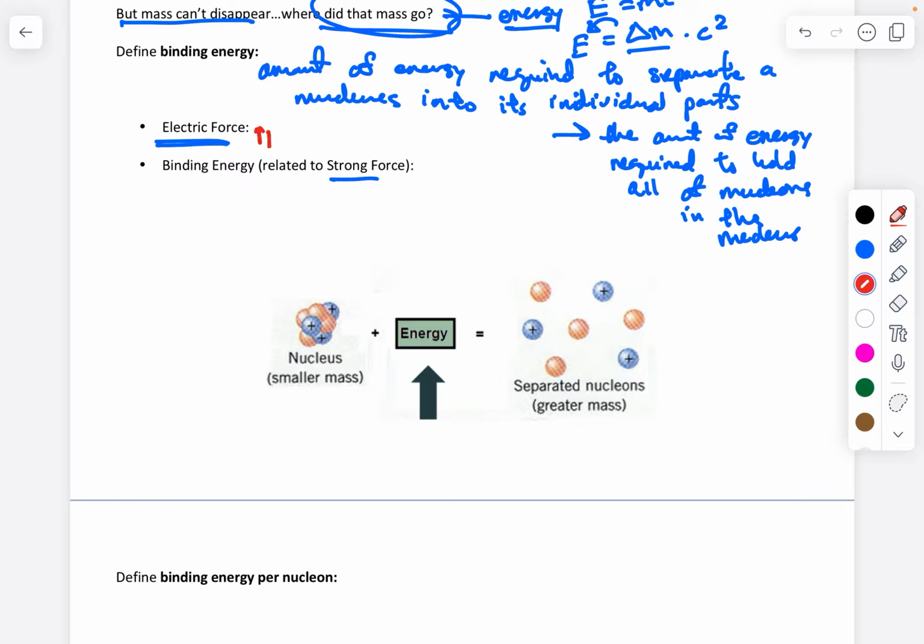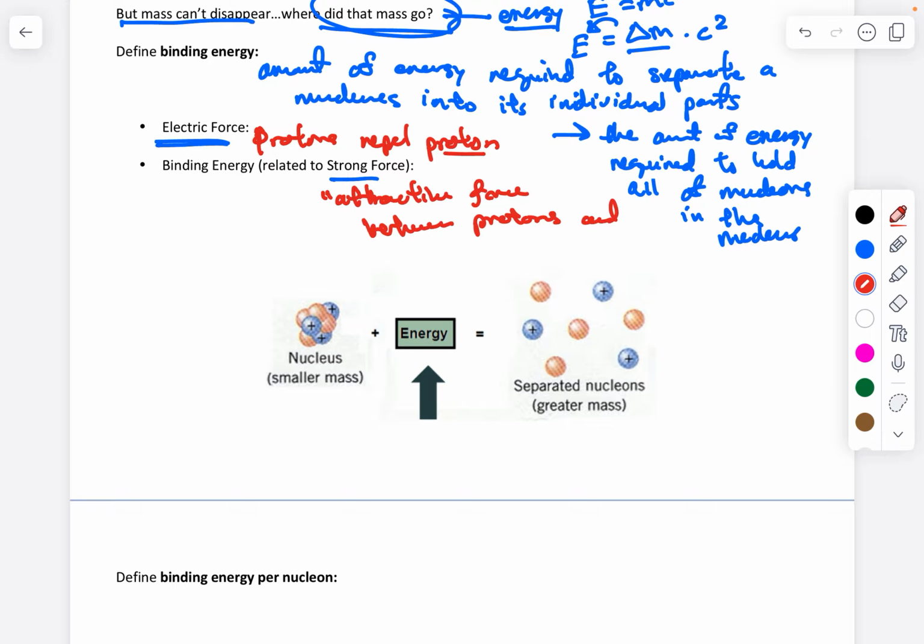So remember that protons repel each other, and the strong force is an attractive force between protons and neutrons.